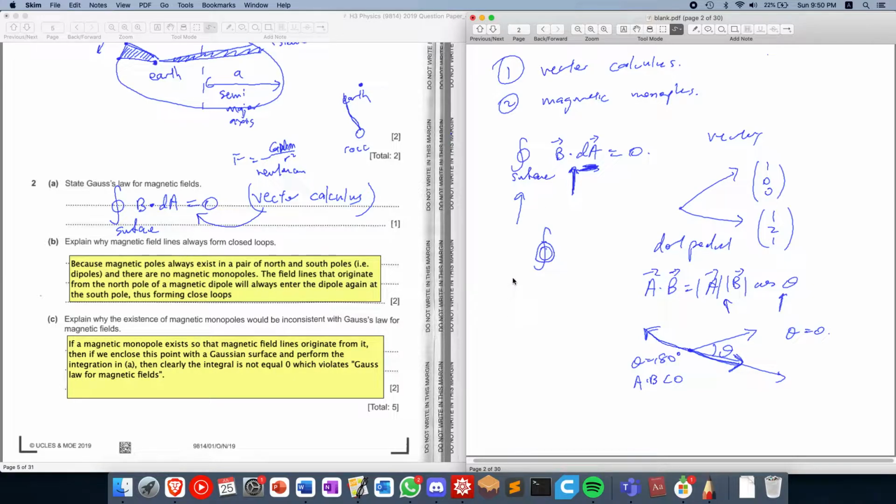Think of it as a 2D sheet embedded in 3D space. We live in 3D space with x, y, and z coordinates, right? A surface is basically some sort of closed sheet.